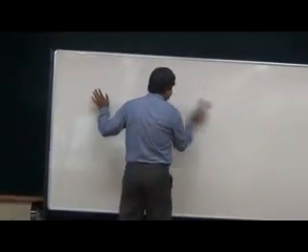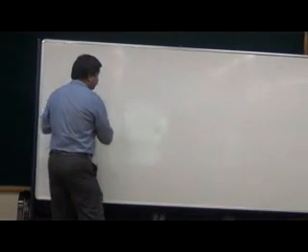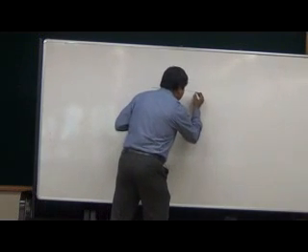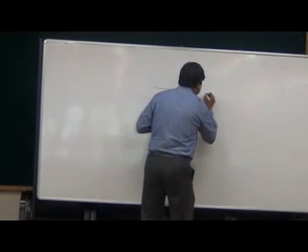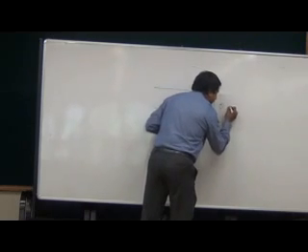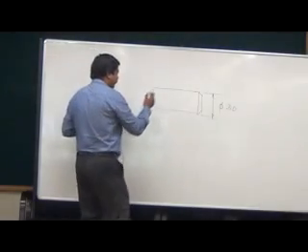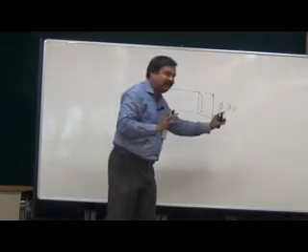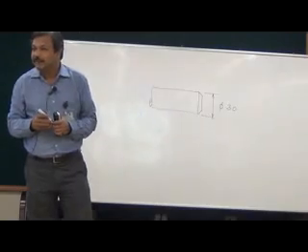Say the diameter of the shaft is... How will you specify? You will specify the diameter as say 30 mm. Let's not bother about other details, the shaft length and other details. Let's concentrate on this feature alone. The diameter of the shaft is 30 mm.